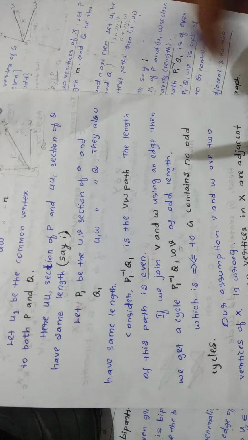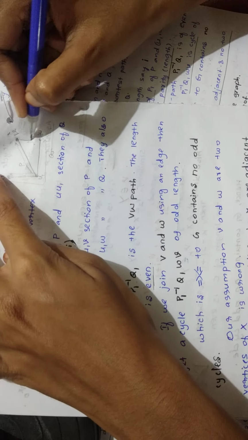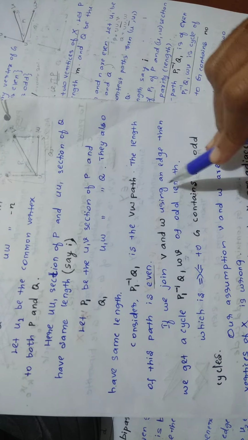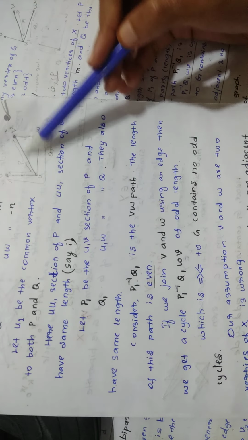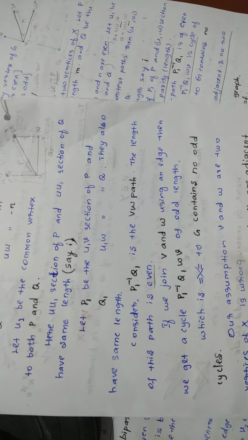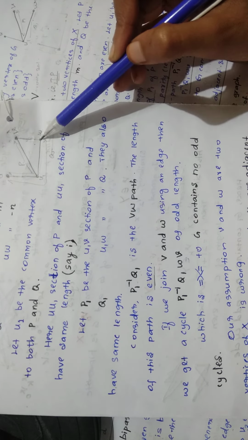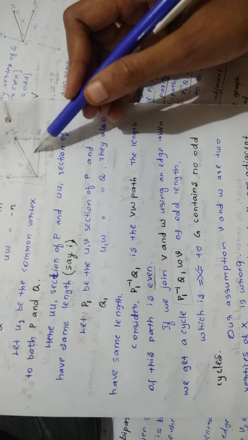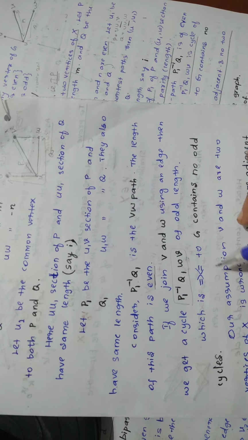Now if we join V and W using an edge, then we get a cycle, right? What cycle? P1 inverse Q1 UW. This cycle will be formed and the length of this cycle is odd, which is a contradiction to G containing no odd cycles.